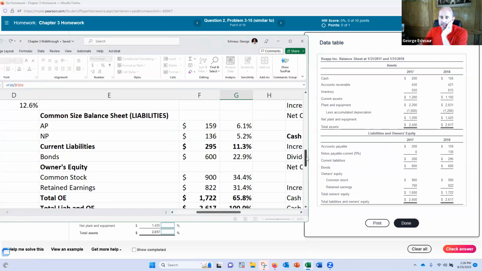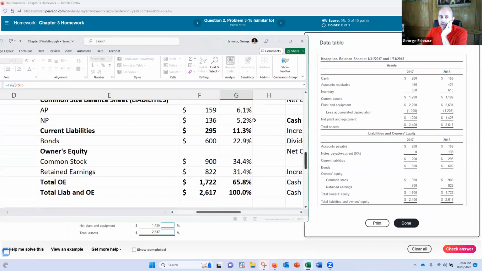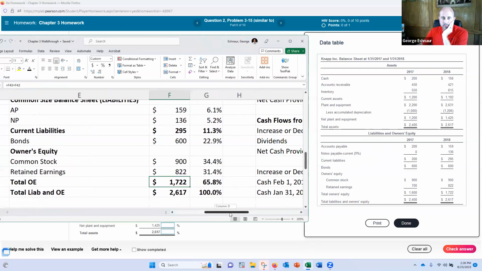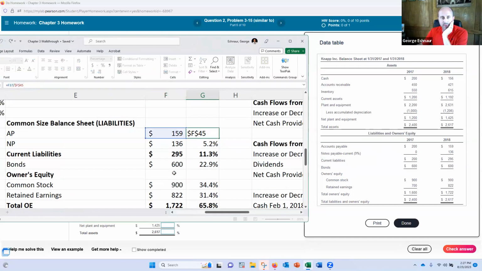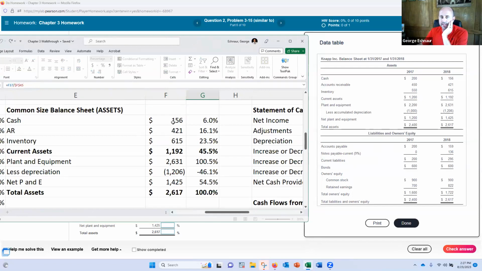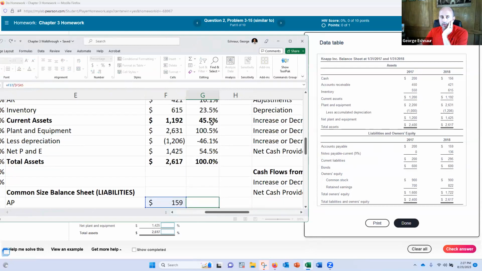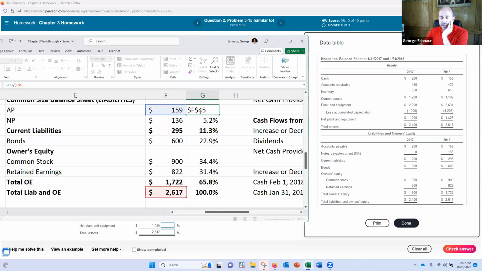Everything you see matches exactly what they provided us, and it's the same as the prior one, where we take the observation divided by the total. So it's the same as above when we were in the asset section. You just lock that cell in and drag it down and then it'll input there, okay?